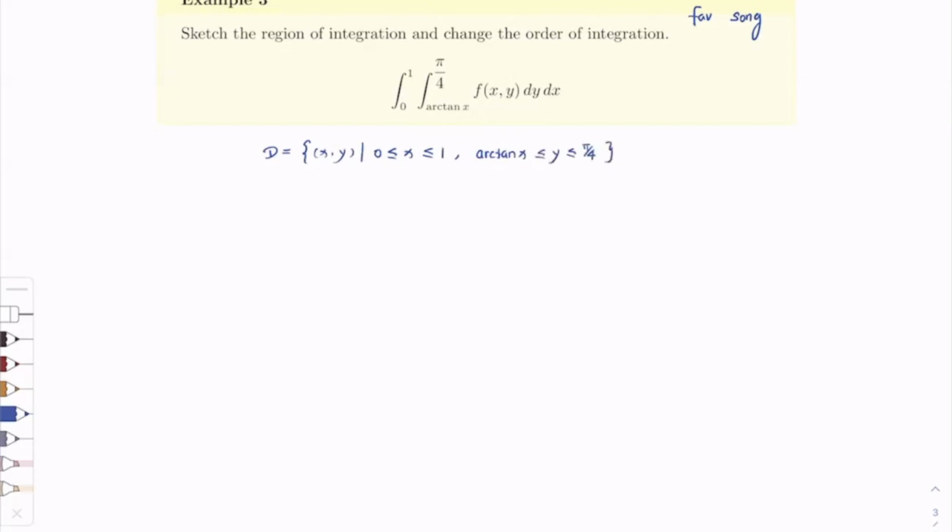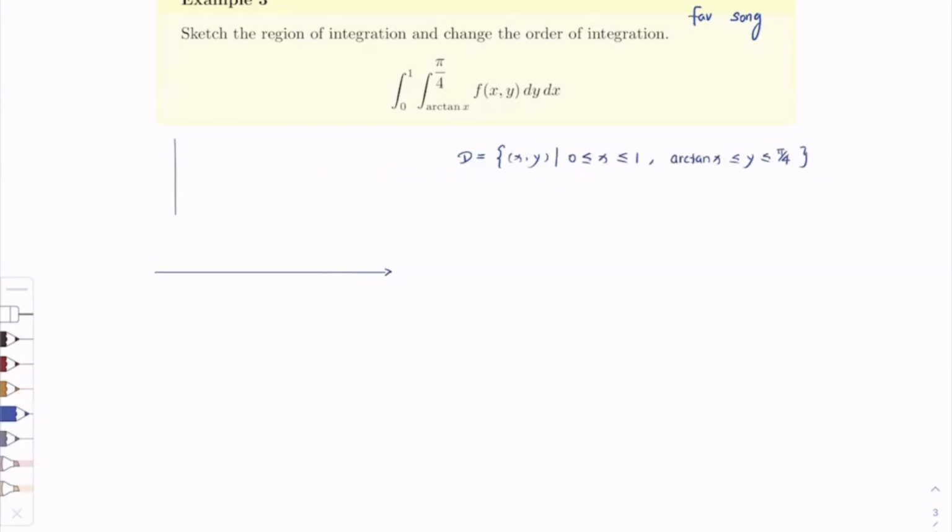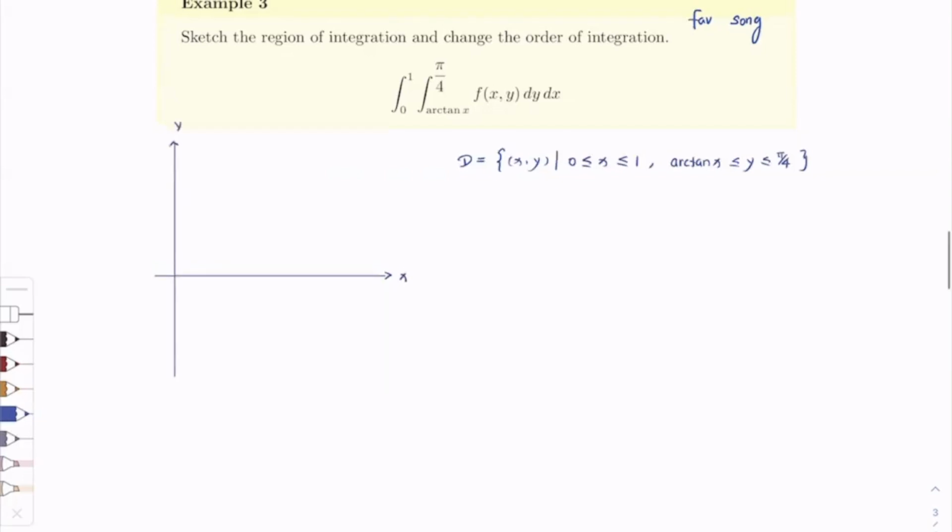Okay? Now let's draw it out. Let's draw it here. This is x, this is y. Your x is from 0 to 1. Your y is from arctan x. So arctan x looks like this. Okay?